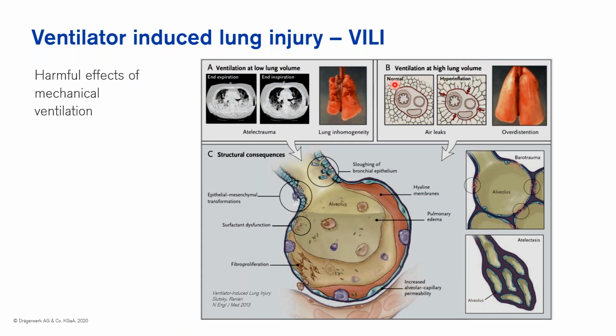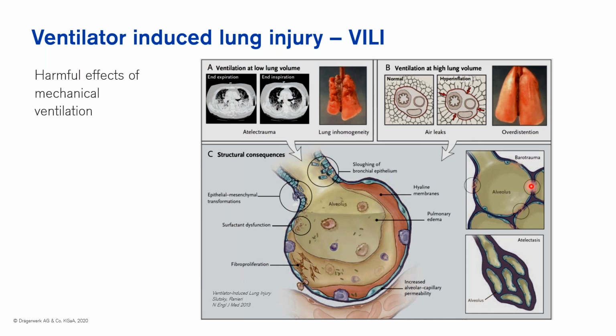And we see that high lung volumes contribute to hyperinflation and cause overdistension, which in return translates into damage of the alveolar capillary wall, thus creating the potential for pneumothorax or breaking of this capillary wall.